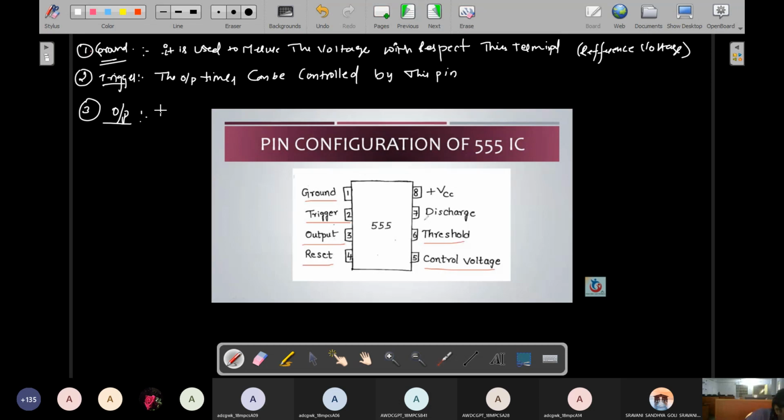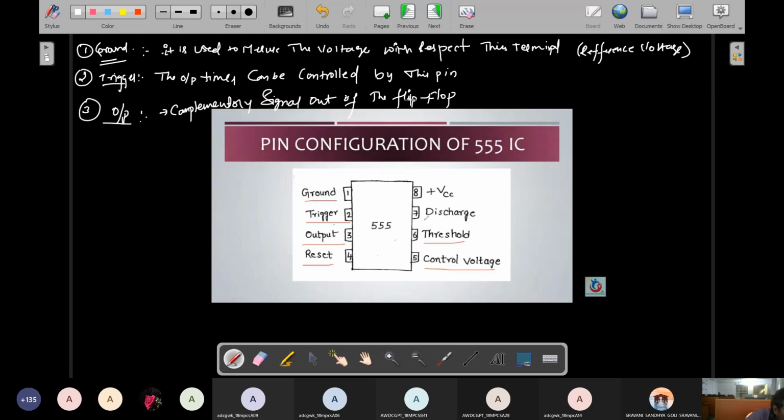So the output is used for the complementary signal output of the flip-flop.